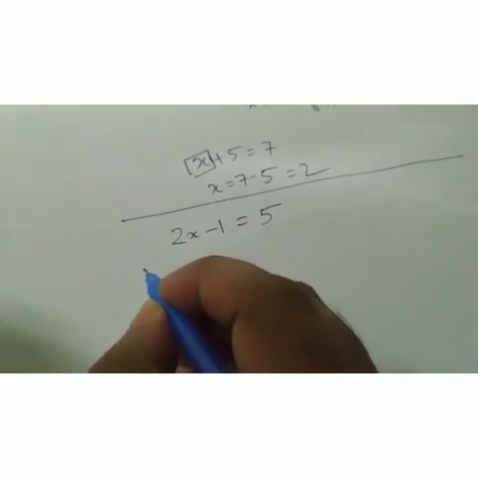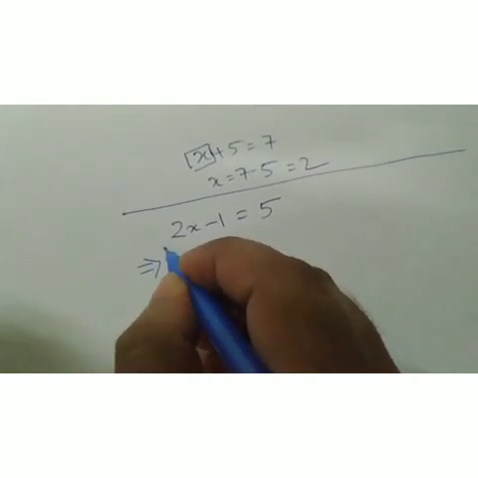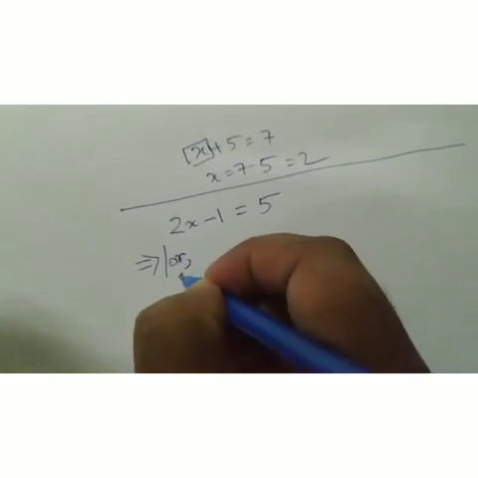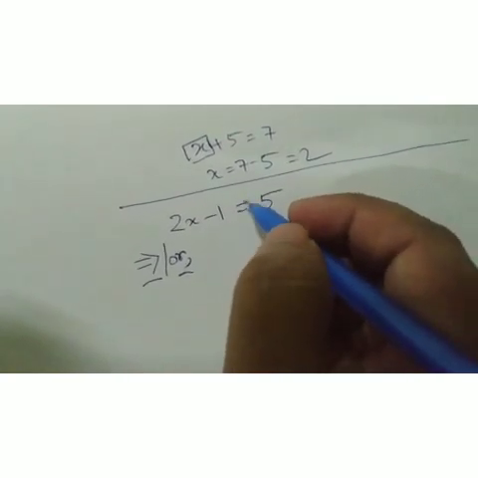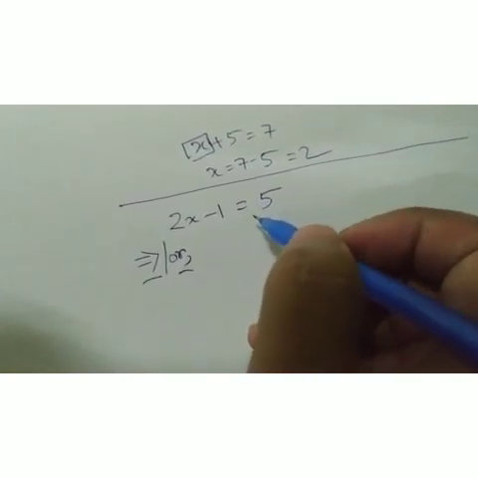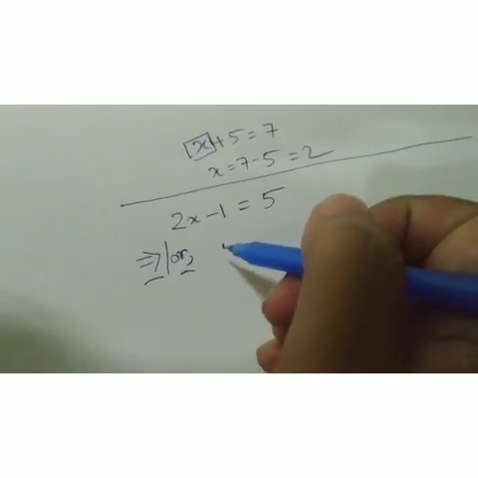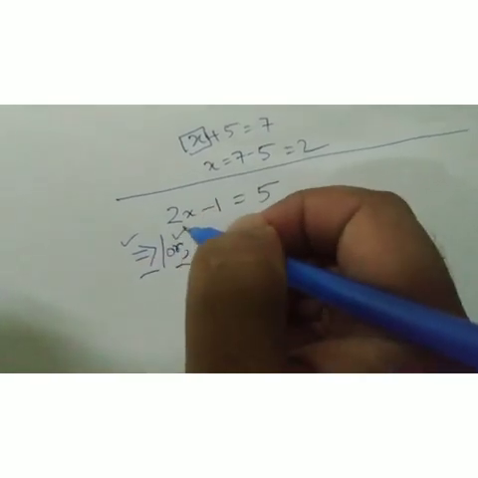So let's say this is an equation, 2x minus 1 equals 5. In the second line I need to put an OR sign. This is an OR sign, or you can write just OR. You can use this or this. Very important, because we already have an equal sign in an equation, we cannot use two equal signs in an equation. So we can use either this sign or this sign.